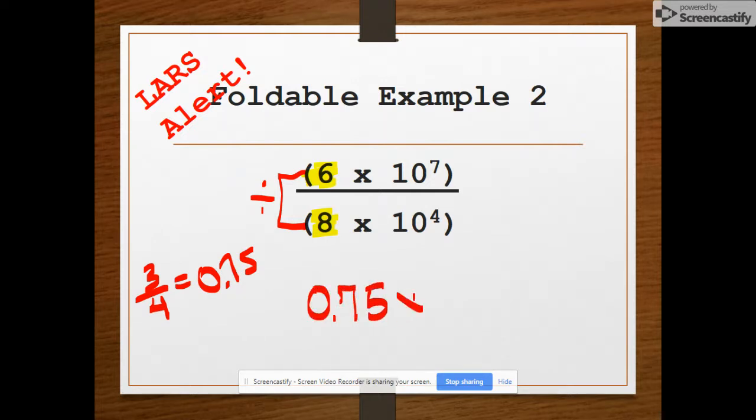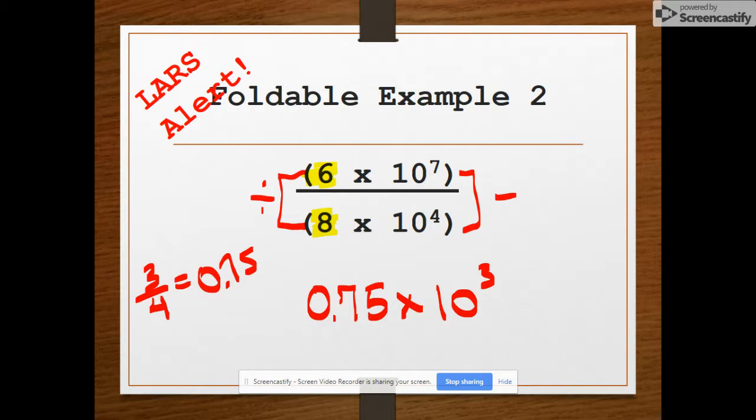So my coefficient is 0.75. And then I'll bring in my base of 10. Again, I see that I have the same base, 10, and I can subtract my exponents, 7 minus 4, which gives me 3.